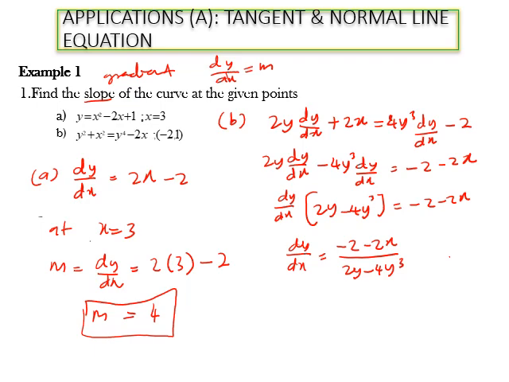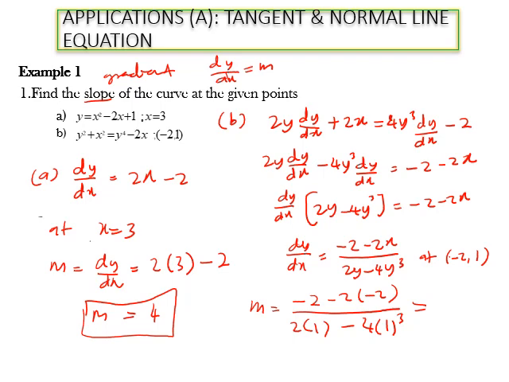It's given a point, so at the point (negative 1, 1), we substitute x equals negative 1, y equals 1. So m equals negative 2 times negative 2, divided by 2 times 1 minus 4 times 1 to the power 3.